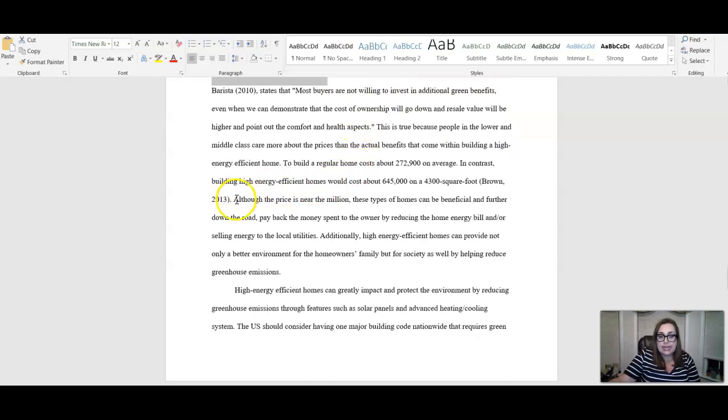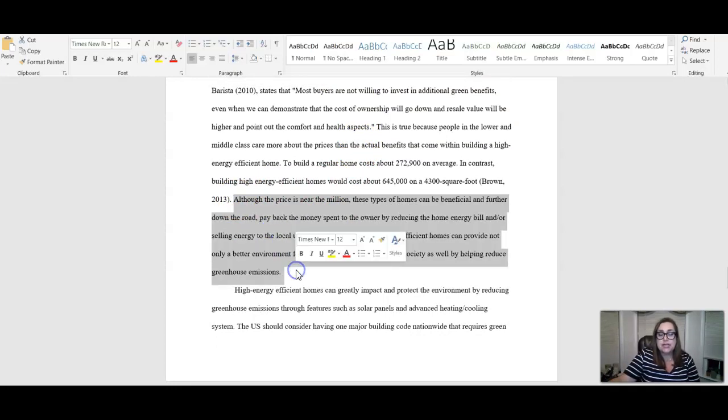But anyway, he says that yes, it's expensive, but then he's going to show the other side, and here's where his refutation is. So you're going to want to show the other side, and then you're going to want to circle back to your side of the argument, because you never want to give it all away to, yes, my argument doesn't work. You want to bring it back to your side. So here he says, although the price is near the million, these types of homes can be beneficial and further down the road pay back the money spent to the owner by reducing the home energy bill and are selling energy to the local utilities.